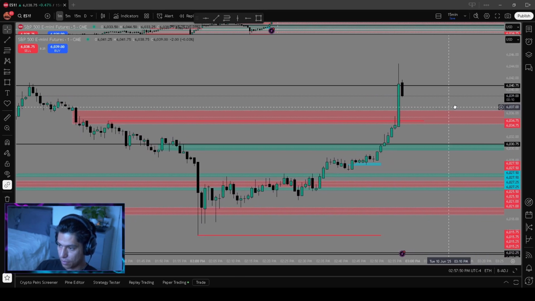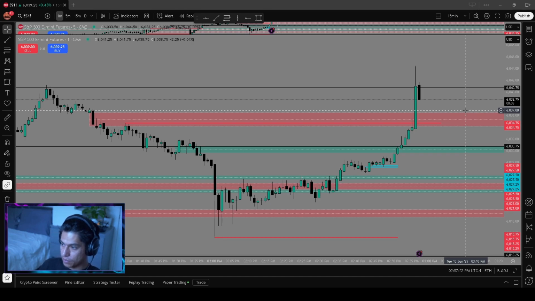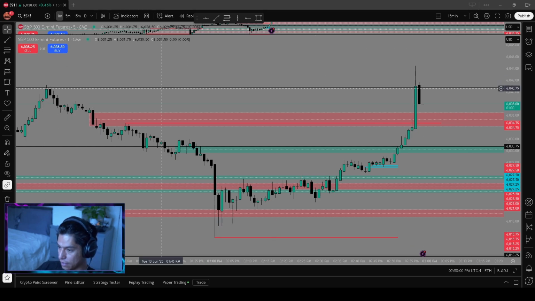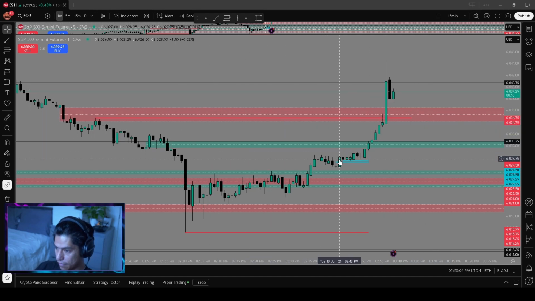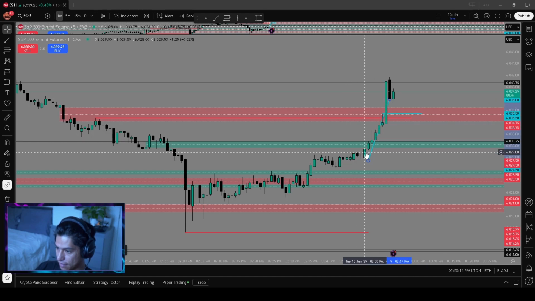So right here is probably one of those areas where you actually want to observe and focus. Not necessarily take a trade, but just study what price does after taking out this liquidity over here. So we created a fair value gap here. We want to see if it acts as what we said before.